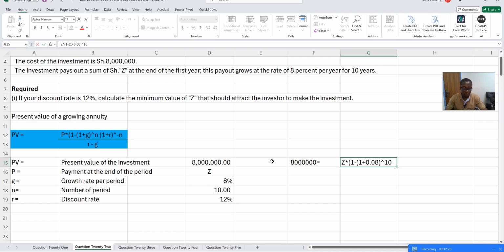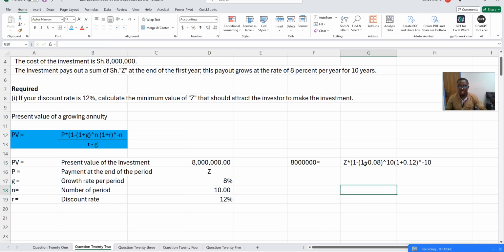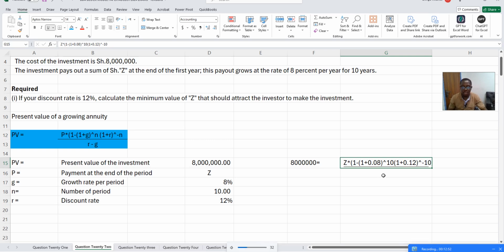We multiply this by 1 plus R, which is 0.12, raised to power negative N, which is 10. After we have all this, it has to be divided by R, which is 0.12, less our rate, which is 0.08.